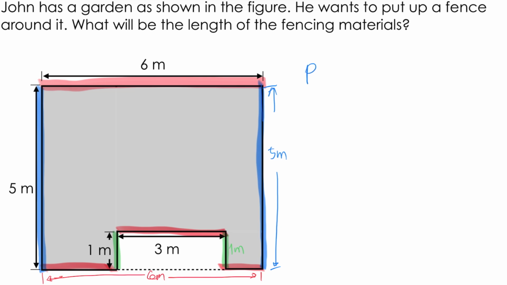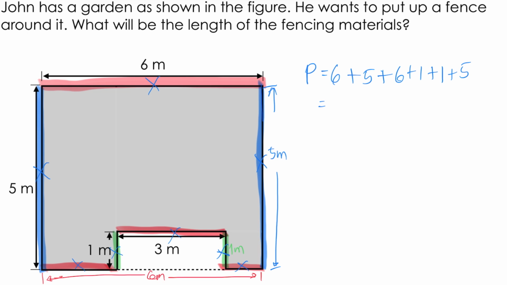So the perimeter of this figure would be 6 meters plus 5 meters plus the whole thing here, 1, 2, 3, which is again 6 meters, and then the two green sides, plus 1, plus 1, and then lastly this side, plus 5.